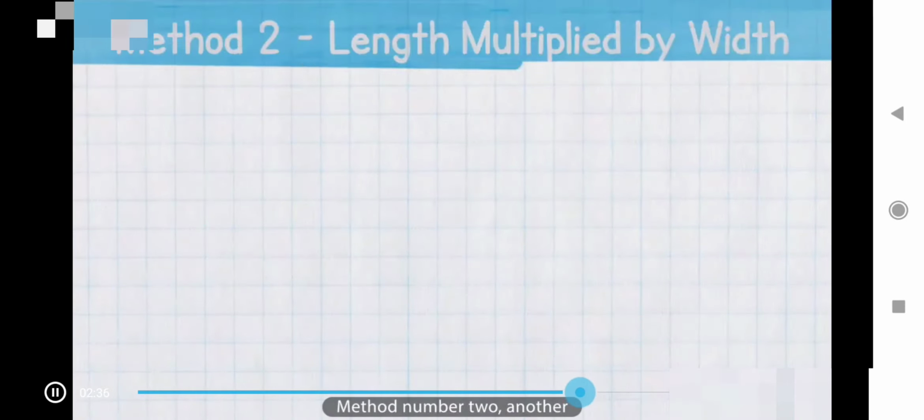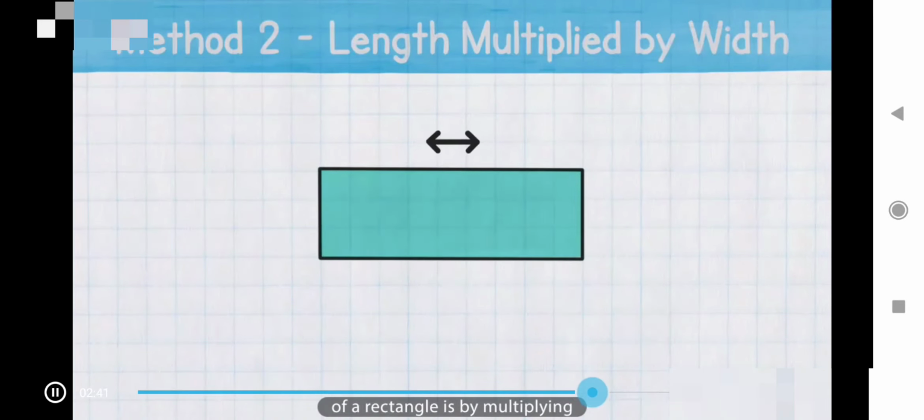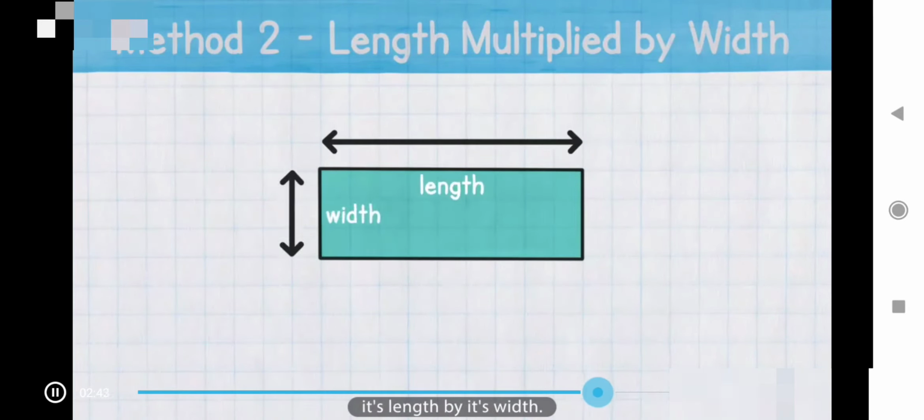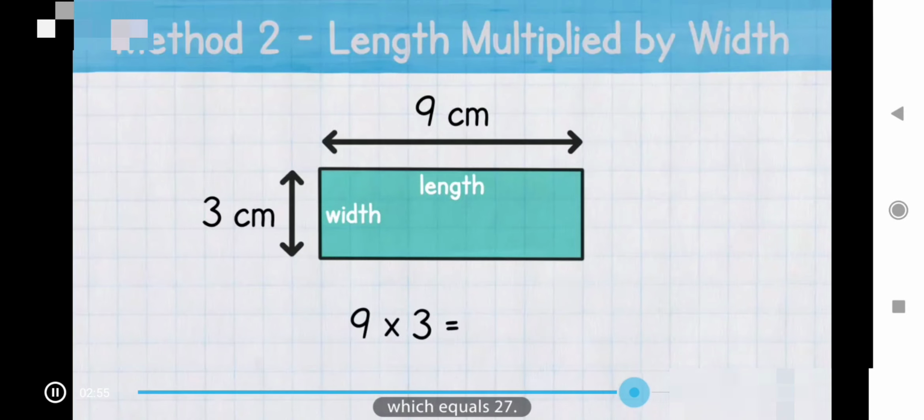Method number 2. Another way to calculate the area of a rectangle is by multiplying its length by its width. This rectangle is 9 centimeters in length and 3 centimeters in width. All you need to do is 9 multiplied by 3, which equals 27.